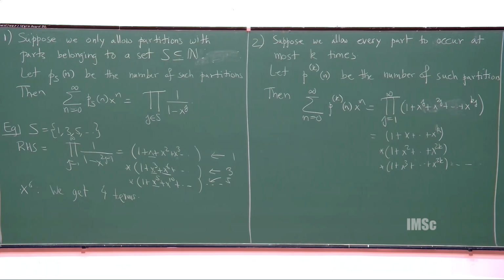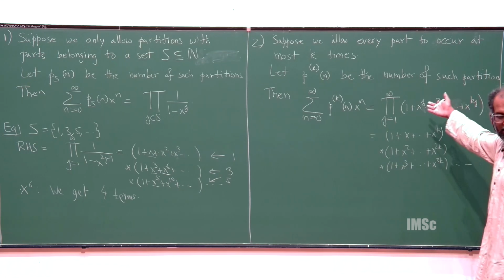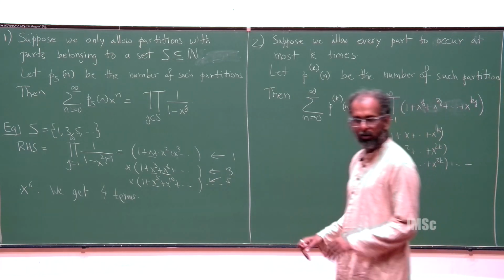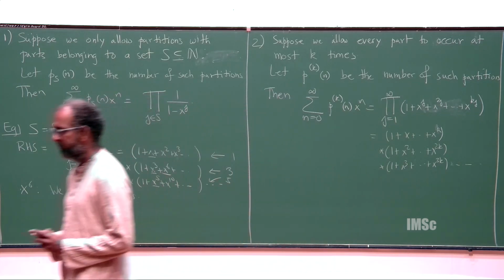I can restrict the parts that I am allowed to take. I can restrict the number of times each part is allowed to come. This is of course a finite geometric series, so you can write it also as a ratio. That's also okay, right? But is this clear? So these are two generalizations of Euler's theorem which are almost immediate.